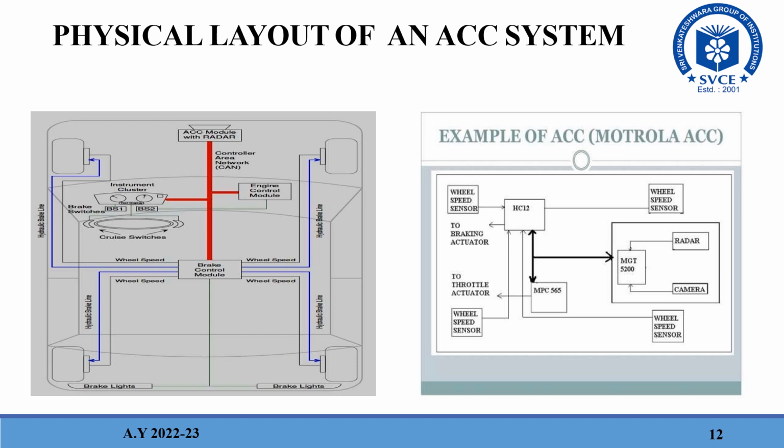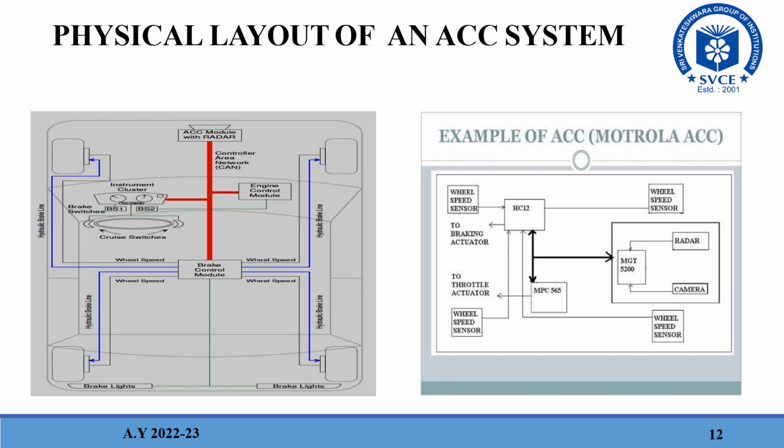And then let's talk about HC12. The 68HC12 has 8-bit accumulators A and B, two 16-bit registers X and Y, a 16-bit program counter, a 16-bit stack pointer, and an 8-bit condition code register.